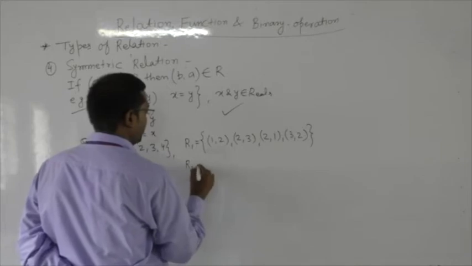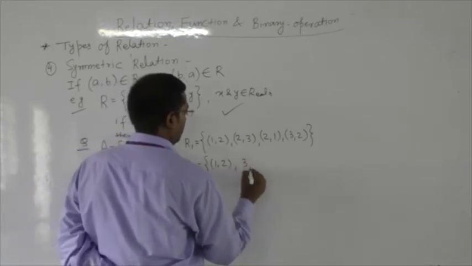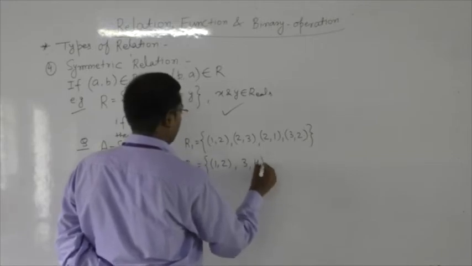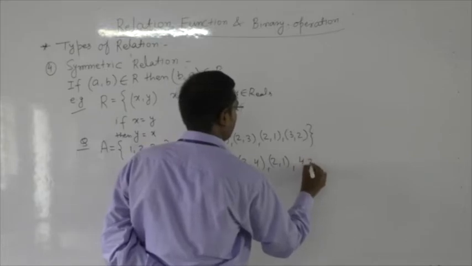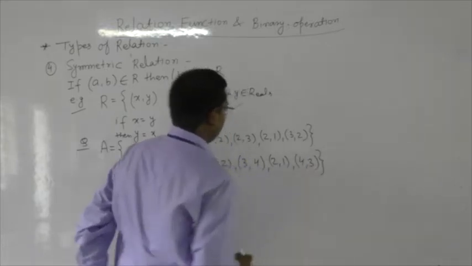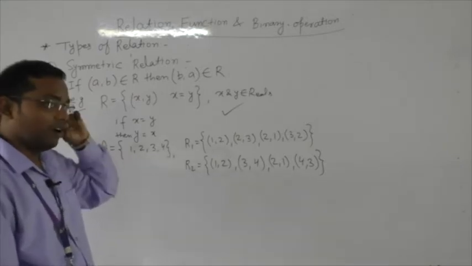R2 relation I am taking as 1, 2, 3, 4, 2, 1, 4, 3.